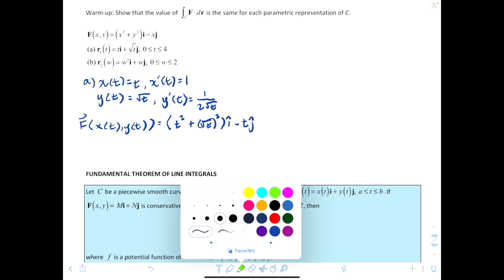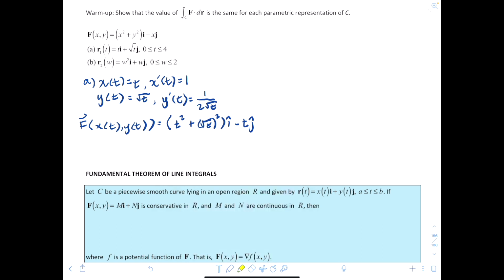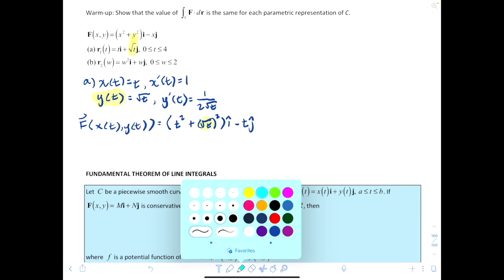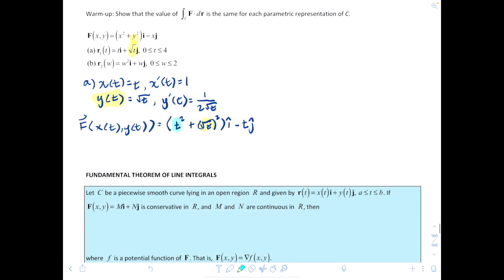And where am I getting this? Because y at t was root t, and we were squaring it, and then x at t was t.